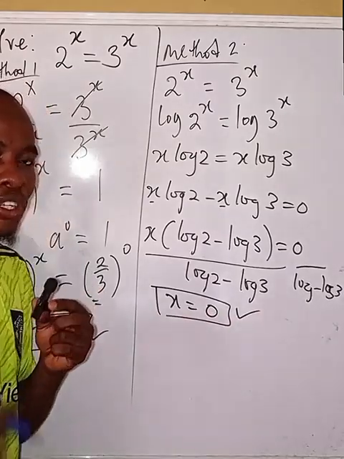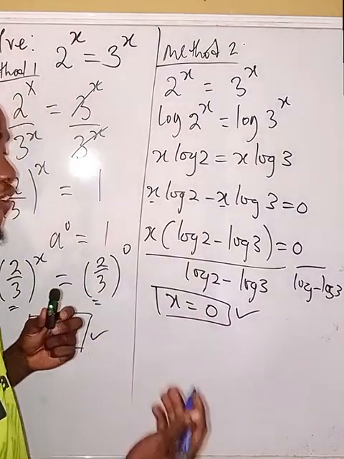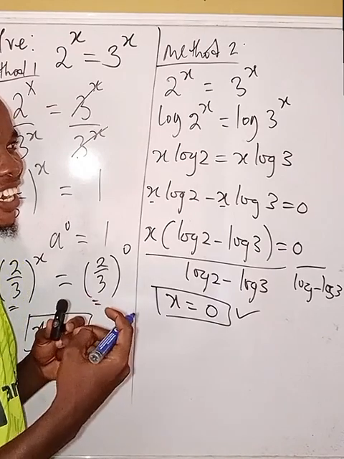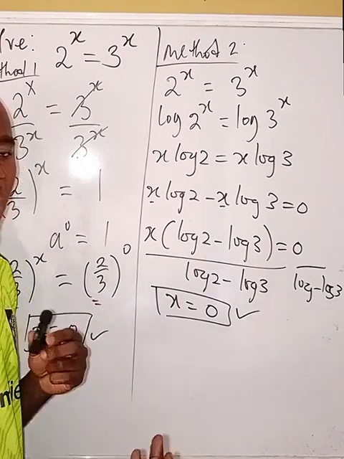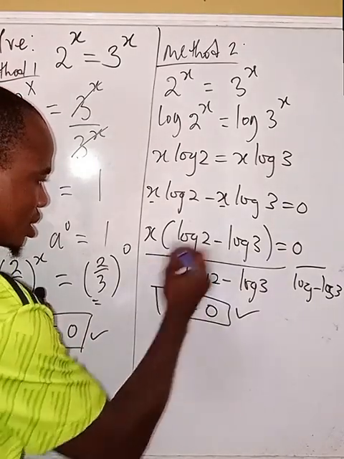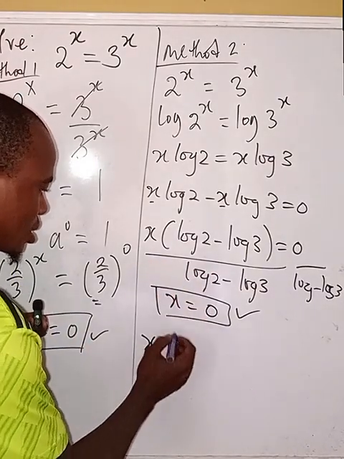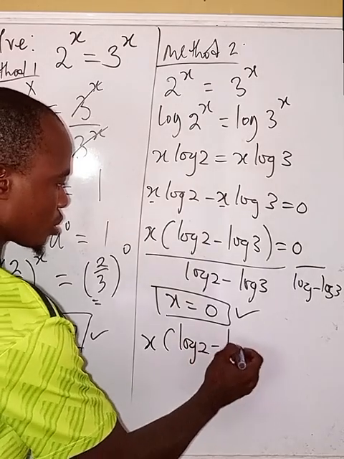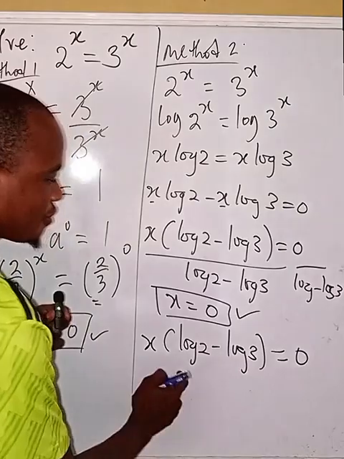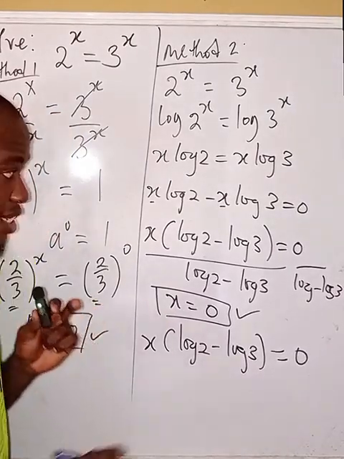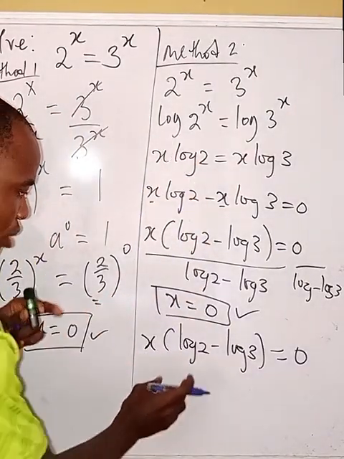But for somebody that is experienced, instead of dividing both sides, we are done. That's method 2. I'm just trying to give this extra comment.